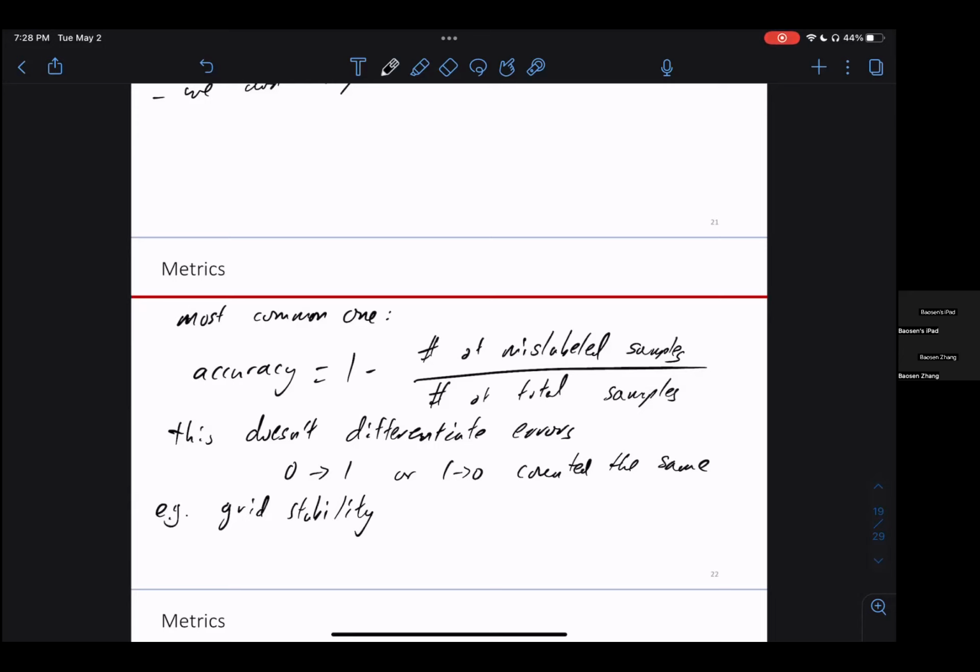So you lose money, but it's okay. As a customer, you wouldn't even notice it. You just waste a little bit of money. Now, if the grid is not stable and you actually declare the grid being stable, you have a blackout. That's a much worse outcome than the other mistake. So there's one mistake that's much worse than the other.